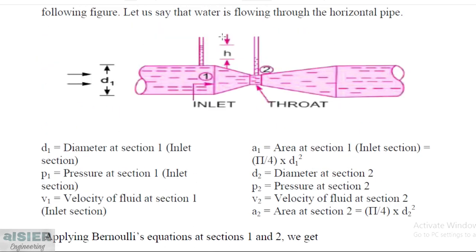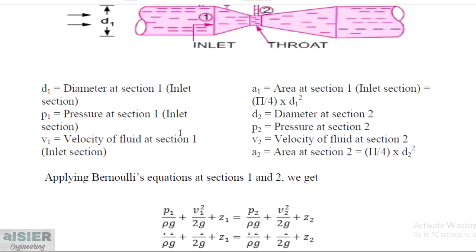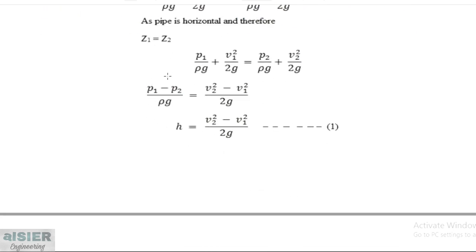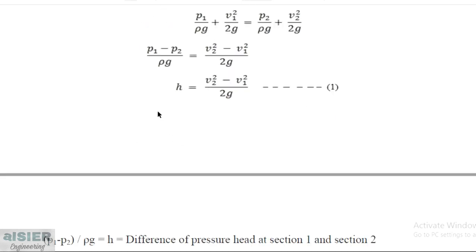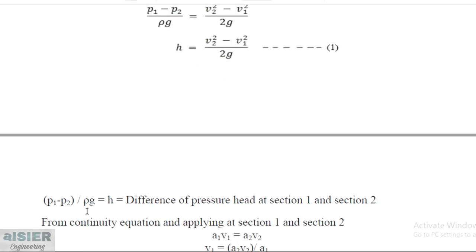In this case we have shown the difference in the pressure head at section 1 and section 2 by H. So we can replace this term P1 minus P2 upon rho g with H. So H is equal to V2 square minus V1 square upon 2g. So we have mentioned here P1 minus P2 upon rho g is equal to H, which is the difference of pressure head at section 1 and section 2.